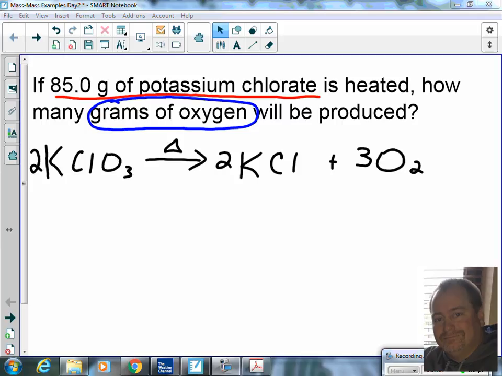Excellent. 122.5495 grams per mole. What is oxygen? 31.9988 grams per mole. So, we have both of the molar masses.